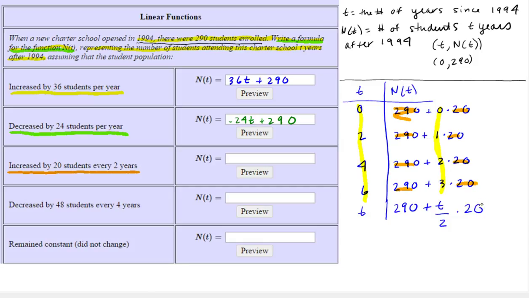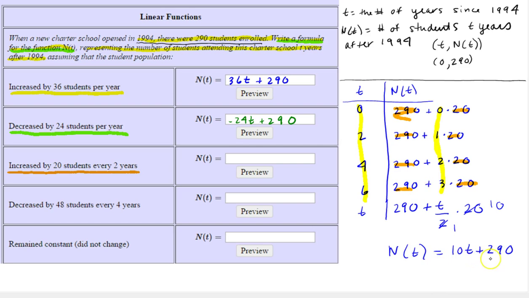Now notice, cleaning this up, we have a common factor of 2. So this would be n of t equals 10t plus 290. So you may have noticed while I was writing, I was kind of leaving spaces that I didn't leave before.